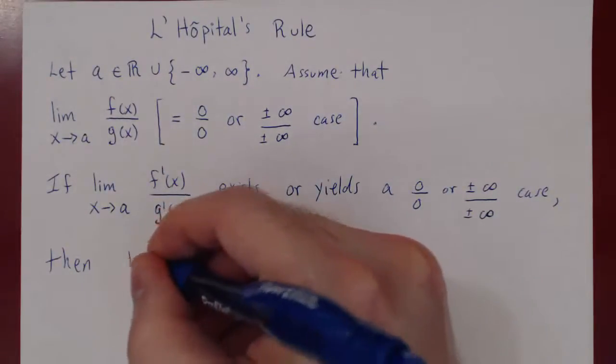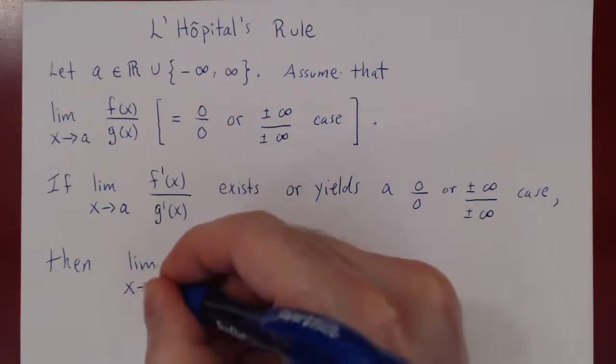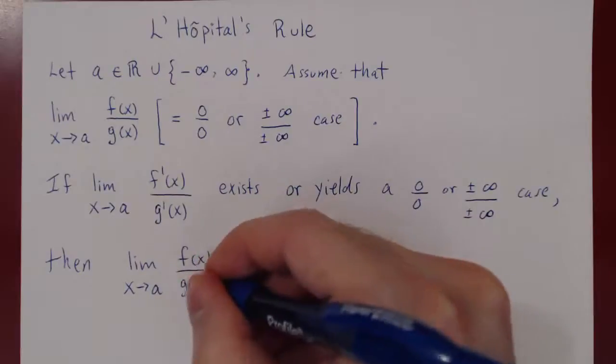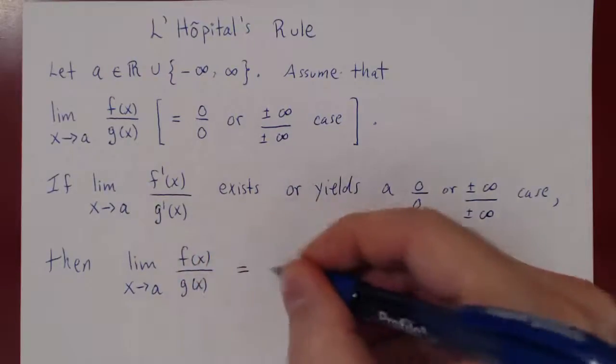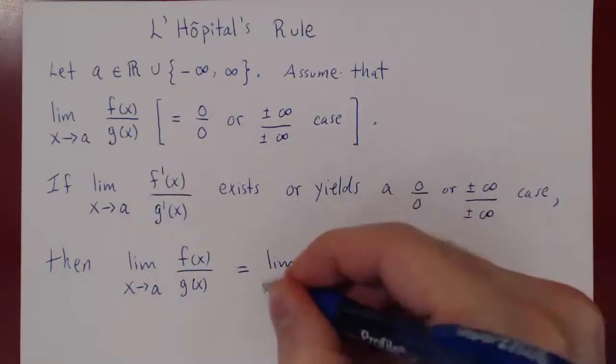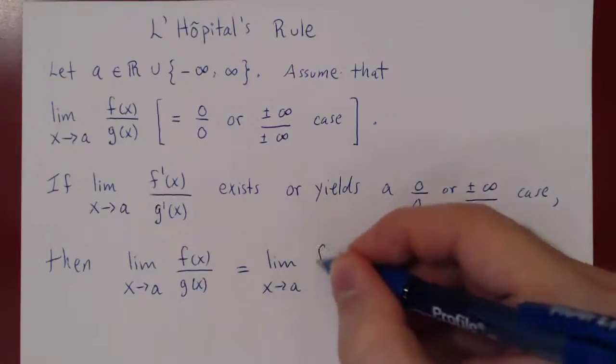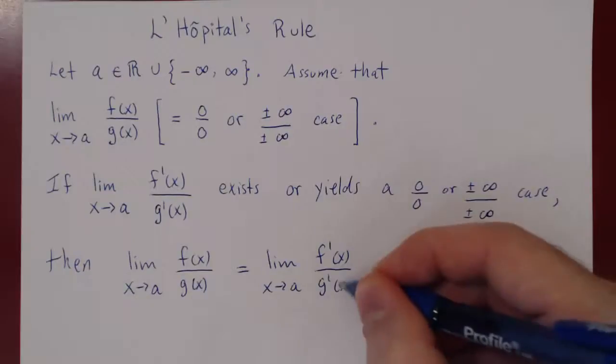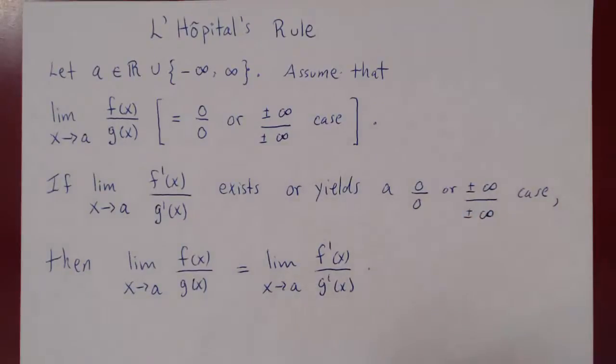So the limit as x approaches a of f of x over g of x is the same as the limit as x approaches a of f prime of x over g prime of x. And that's L'Hôpital's rule.